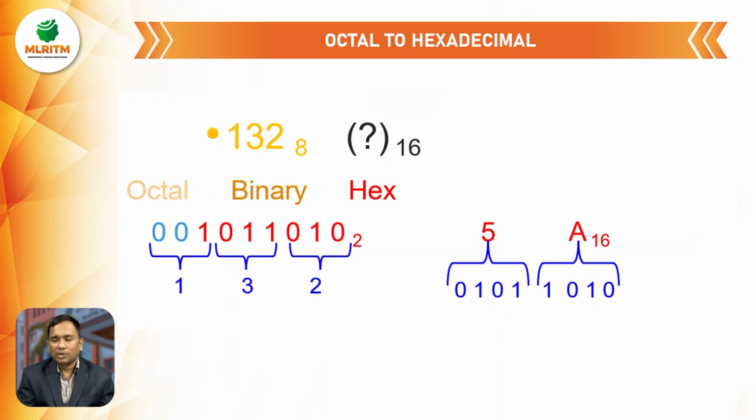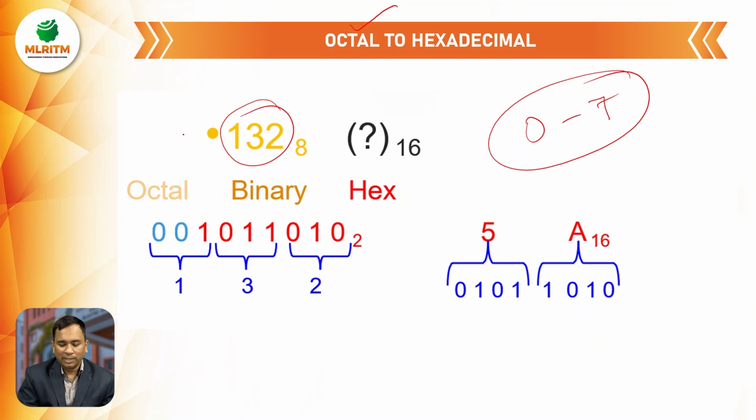Next, octal to hexadecimal conversion. In an octal number, the digits vary from 0 to 7, so I'm taking the value 1, 3, 2. As I just told, each octal digit is converted into 3 bits. So 1 is 001, 3 is 011, 2 is 010.